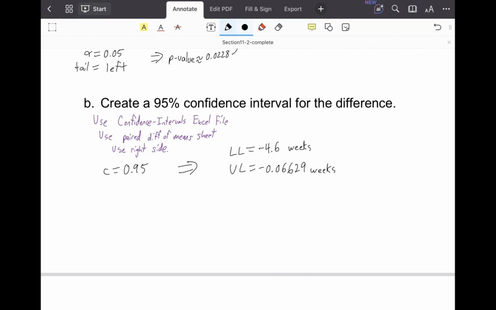If you wanted to see what this is in days, we multiply that by 7, since there's 7 days in a week. And it gives us 0.46. This would be in days, 0.464 days. This is less than half a day.